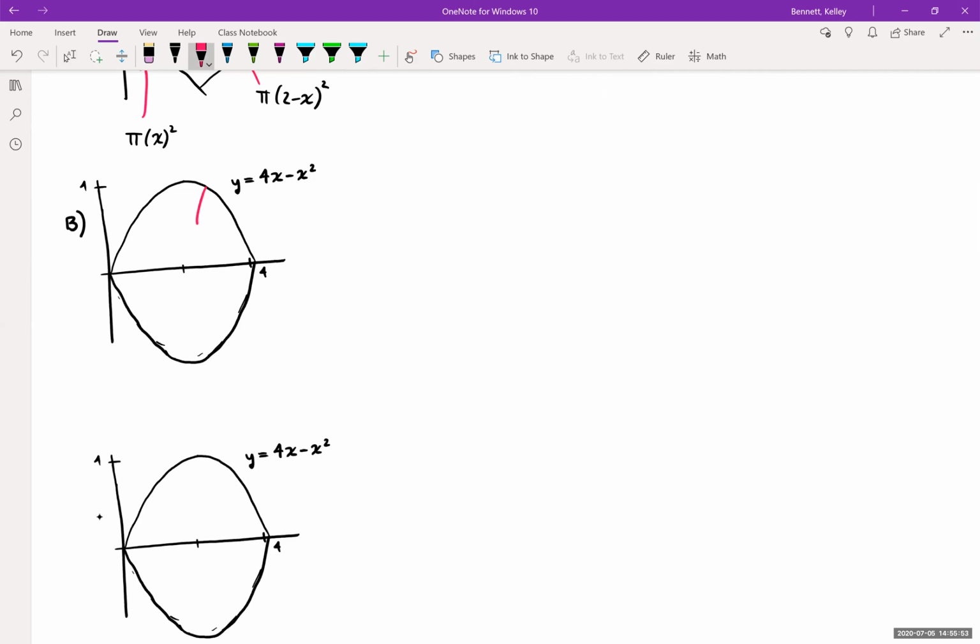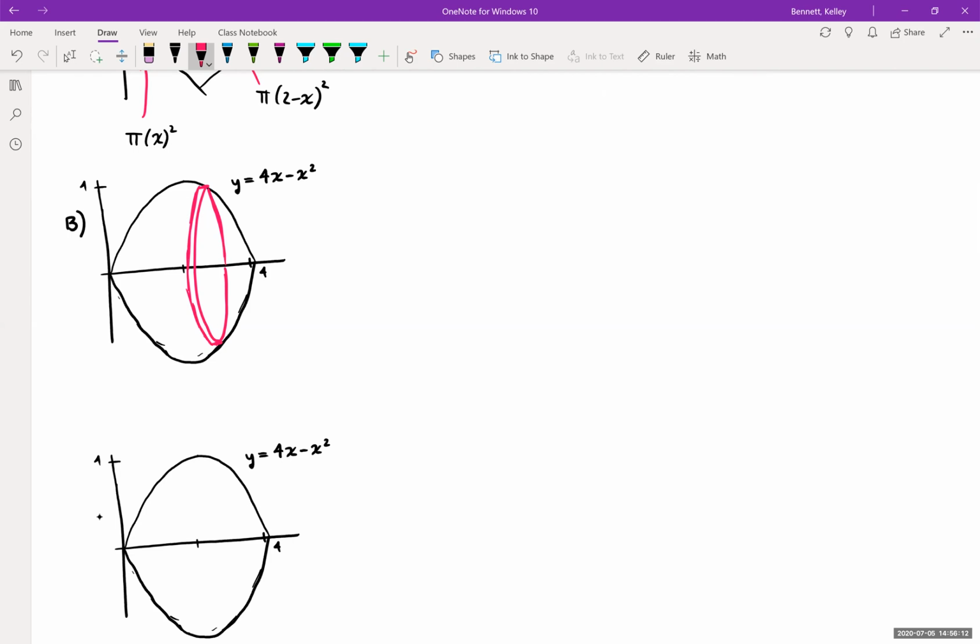So you just have a washer. There's no hole, so it's technically a disk here, but semantics. So here's our washer.